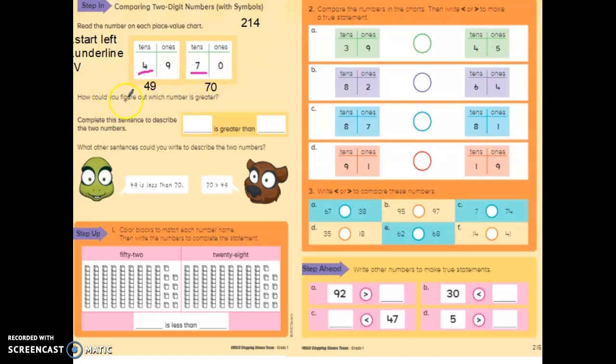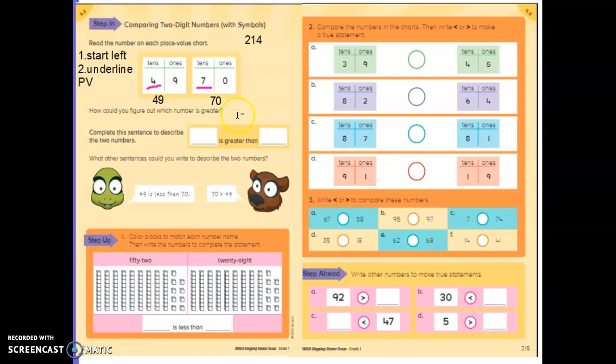Those are not the same, so I'm going to stop. The same, keep going. Different, stop. So 4 10s and 7 10s. Which number is greater? So I know that 7 10s is greater. I can write 70 is greater than 49. Or you could say the opposite, 49 is less than 70, just like our turtle said.